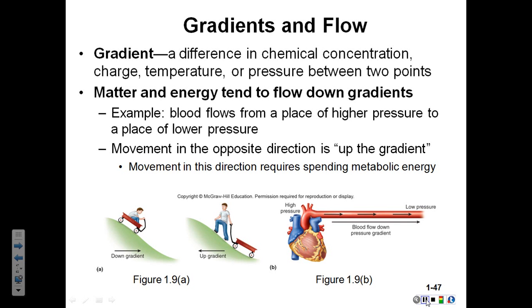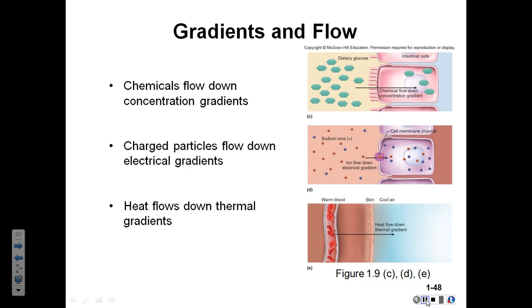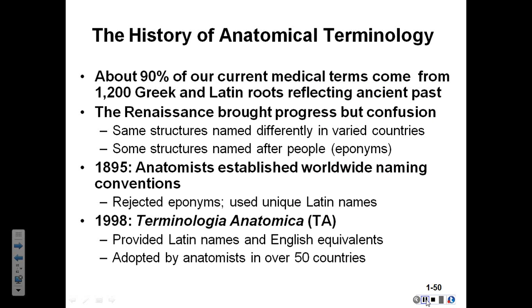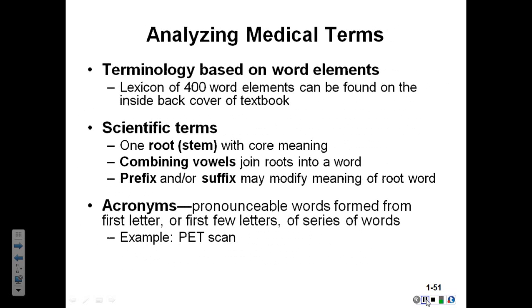Right. Going down, little or no energy, right? So it's the displacement of energy from one place to another. So normally we go from what? A high concentration to a lower concentration.